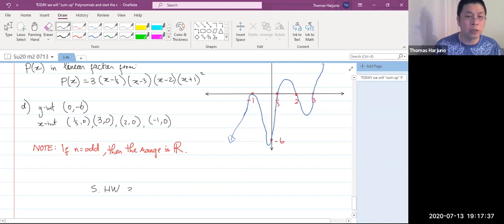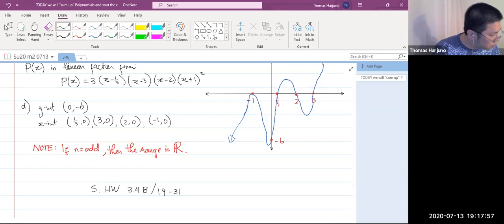Suggested homework from this 3.4 part B will be from number 19 to number 29. You may actually take a look at number 31, but try not to look at the graph though. Okay? Yeah, try not to look at the graph. What else? I think that's what I want you to do.